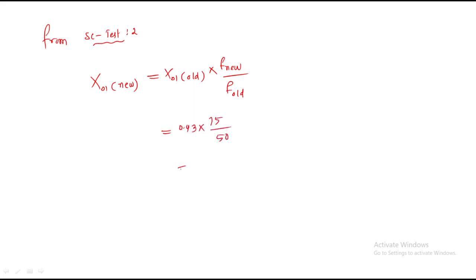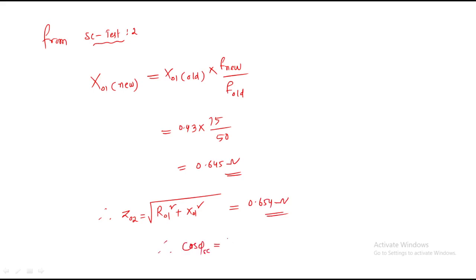F old is what? 50. So from this you will get 0.645 ohms. Therefore Z02 which is equals to square root of R01 square plus X01 square which is equals to 0.654 ohms.